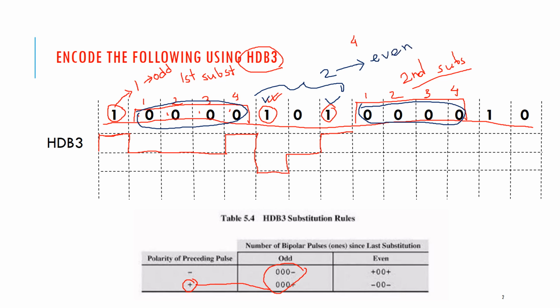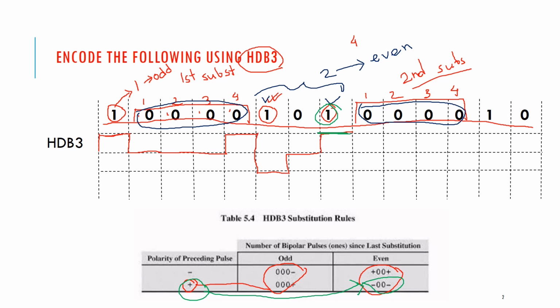If I have an even number of ones, I will either encode using positive 0, 0 positive or negative 0, 0 negative. It depends on the polarity of the last one. Before I encode these 4 zeros, the last one is on the positive, so I am going to be using negative 0, 0 negative.